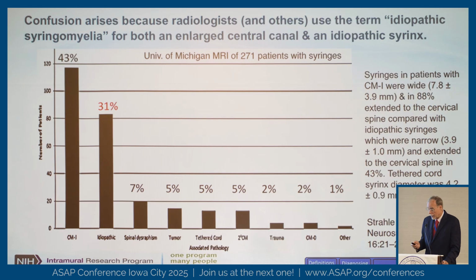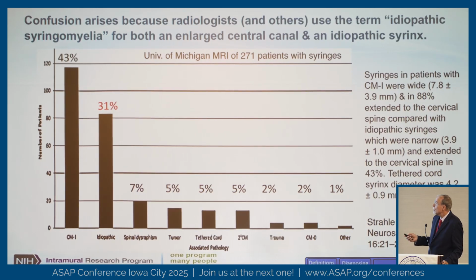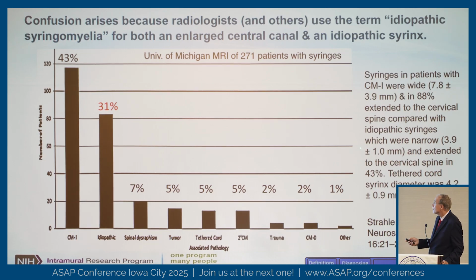All right, so let's get back from me just talking and go back to some scientific literature. At the University of Michigan, when radiologists looked at MRI scans, this is how they broke down the scans: Chiari, idiopathic, spinal, tumor-related, tethered cord, traumatic, Chiari 0, we'll go into that.